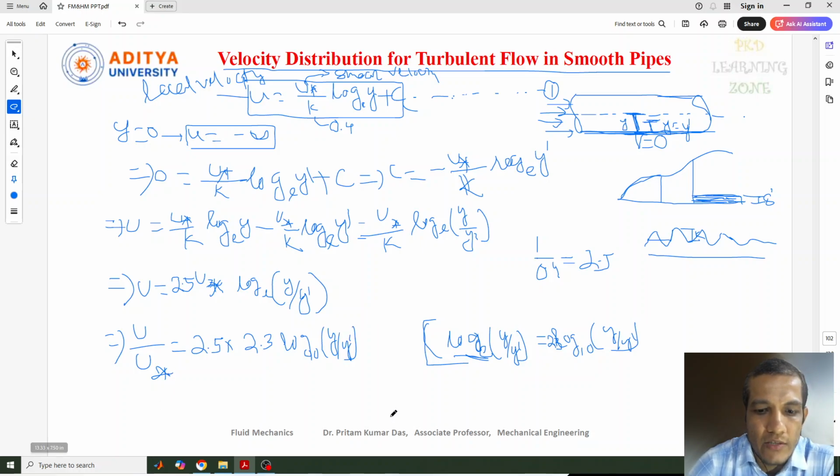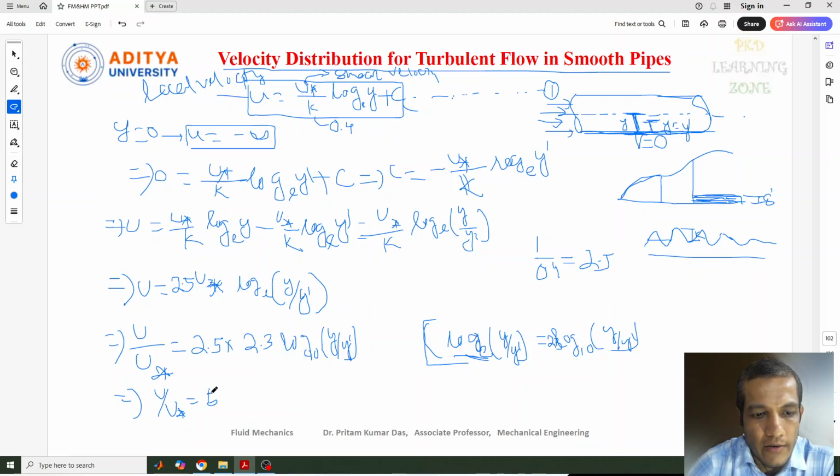Now if you multiply this, you can write u by u star equal to, suppose 25 into 23, that is 575.